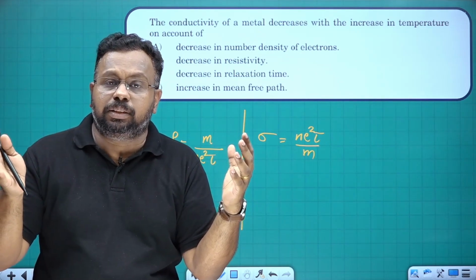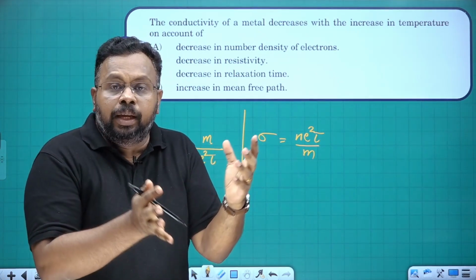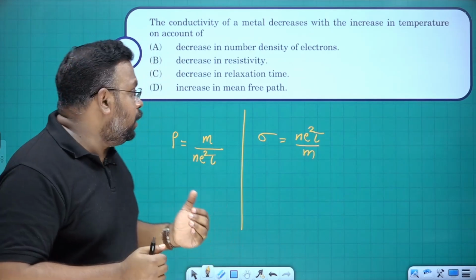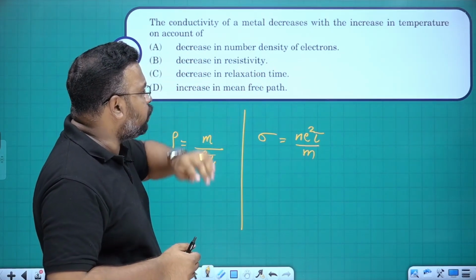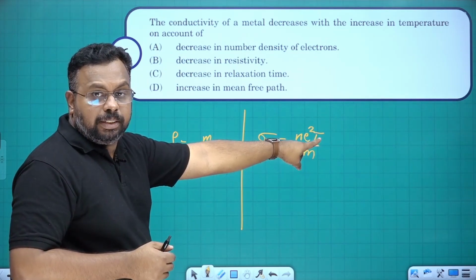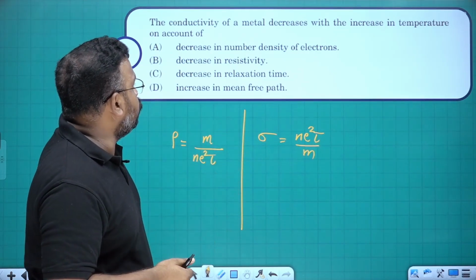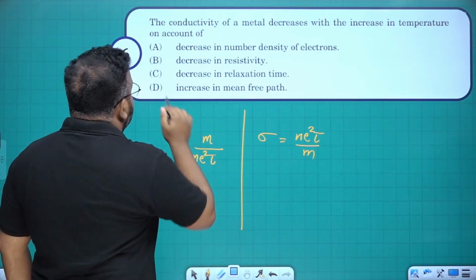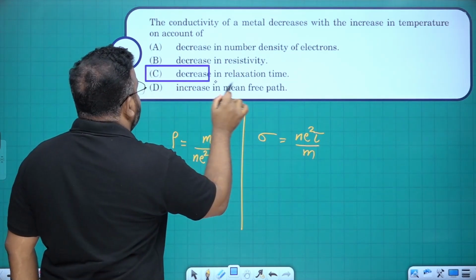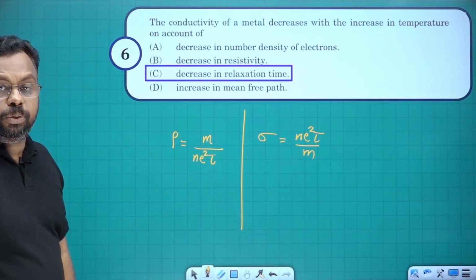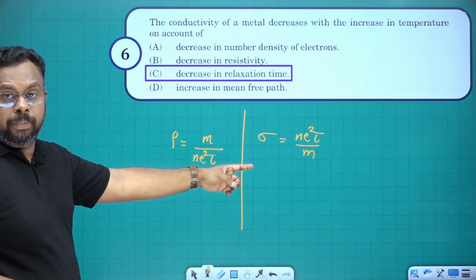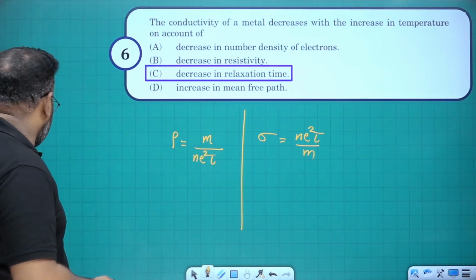So when temperature increases, the charged particles start moving quickly. As a result, the relaxation time will decrease. Here you can see when relaxation time decreases, conductivity also decreases. So the factor which changes with temperature is relaxation time. So that's an easy question. Please remember this formula. This derivation is also important, you know that.